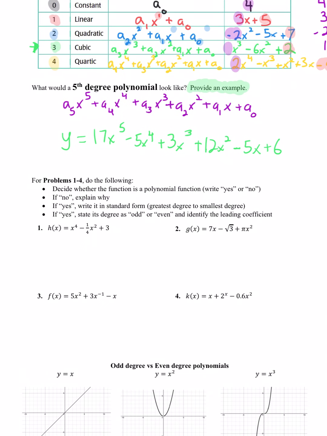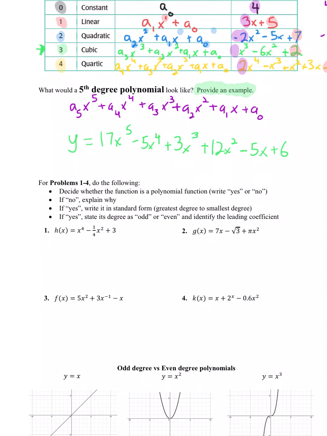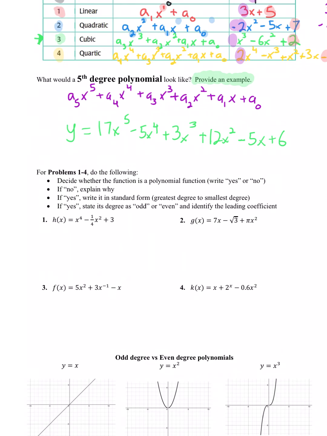Okay, now I've got 4 examples I want you guys to try. We're going to decide whether the function is a polynomial function, so we're going to write yes or no. Polynomial function means it has to meet the criteria that I listed in the 3 boxes at the very top of the worksheet. So you just say, yes, it's a polynomial, or no, it's not a polynomial.